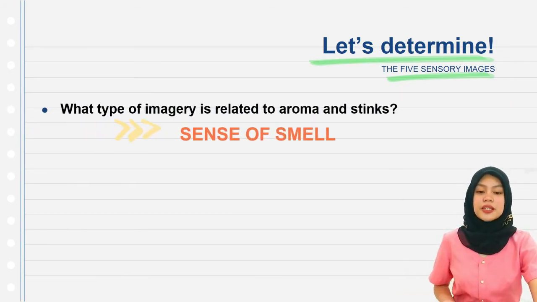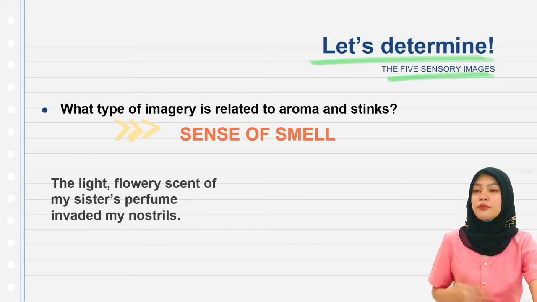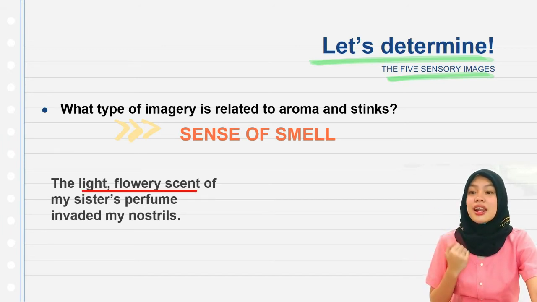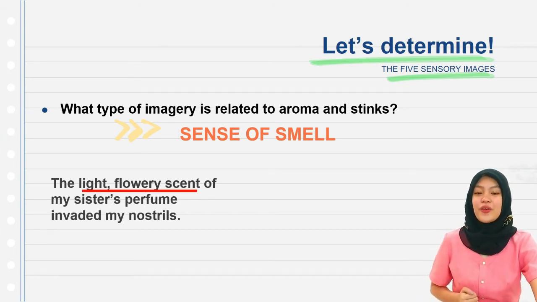Next one. What type of imagery is related to aroma and stinks? In the example that I presented, the light flowery scent of my sister's perfume invaded my nostrils. You said that it's the sense of smell. What are the words that made you say it's the sense of smell? Yes, Trixie. Light flowery scent. Okay, correct.